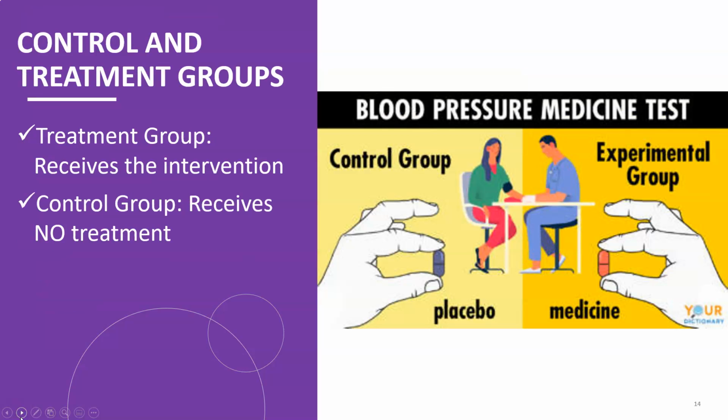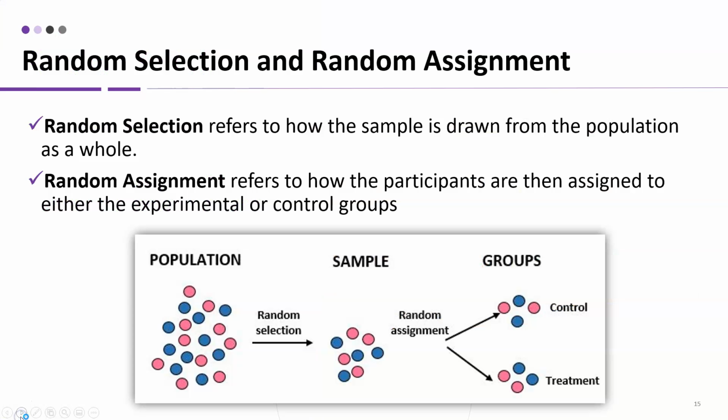Now we also have control and treatment groups. The treatment group is the one that receives the intervention, while the control group receives no treatment whatsoever. Often what people get confused about is random selection and random assignment, and at this point, you really have to understand the difference. Random selection refers to how the sample is drawn from the population. I think this picture down here really explains it well.